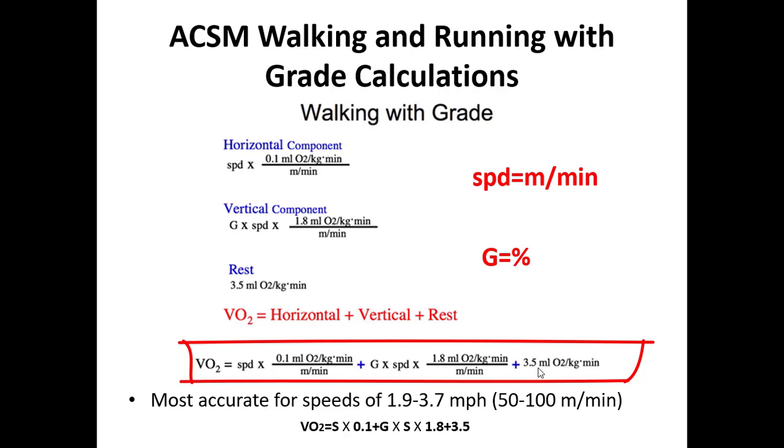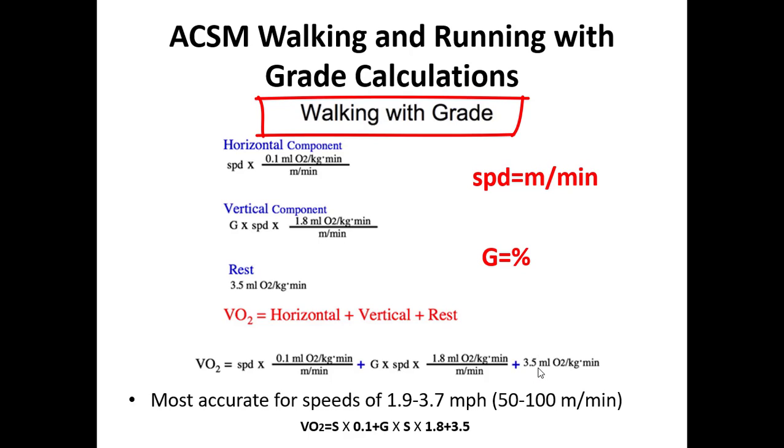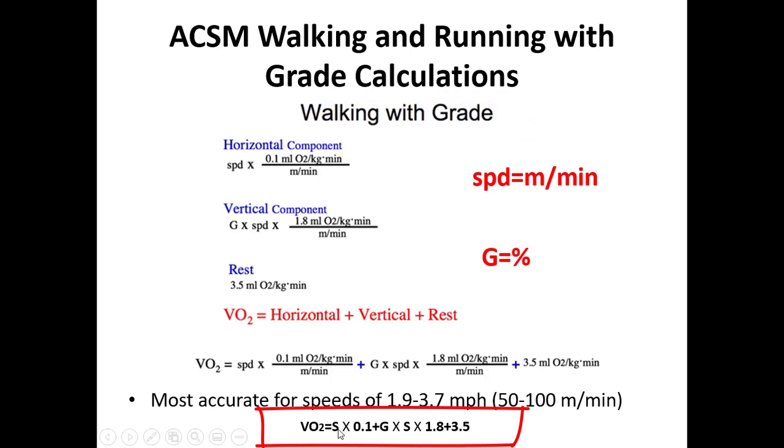But this should be walking. You cannot use running for this equation because this is a walking equation. Simply, VO2, oxygen consumption, equals speed times 0.1 plus grade times speed times 1.8 plus 3.5.